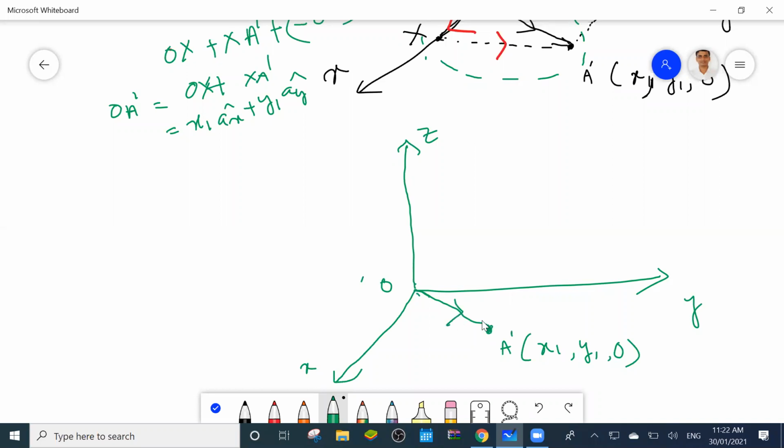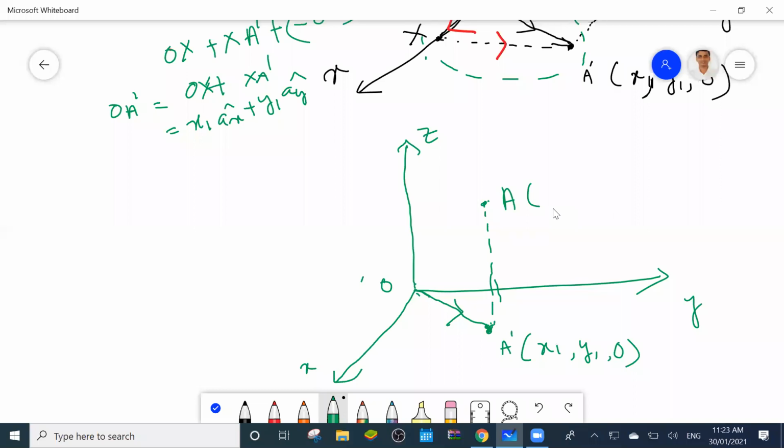Now I have to keep this point at a height Z1. Suppose this is point A, and this point now I have taken Z1, Y1, 0.